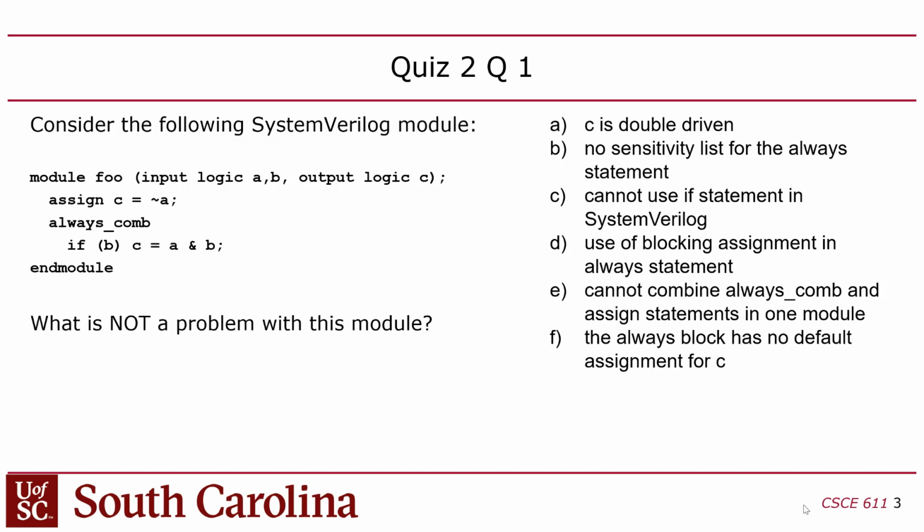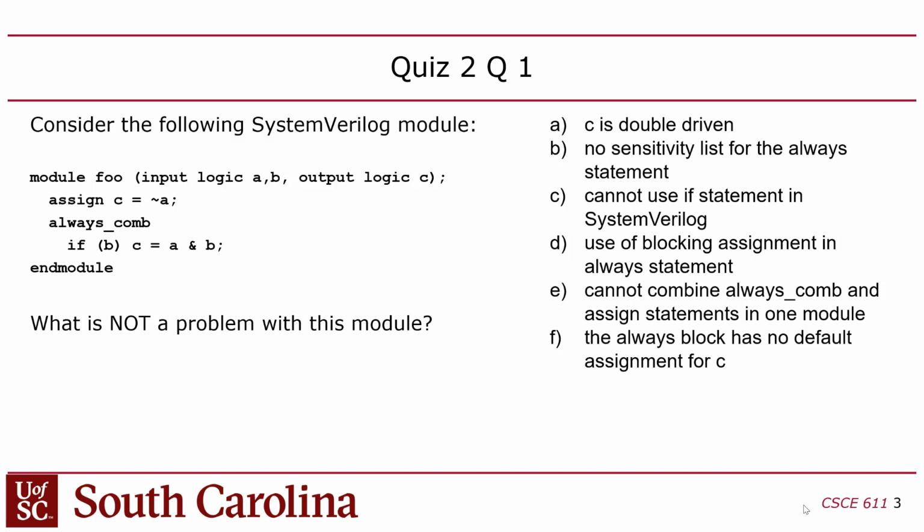Actually, this is a bad question, so I gave everyone credit for it. But there's more than one correct answer. C is cannot use an if statement in SystemVerilog. That is true unless the if statement is in an always block, so that's also a correct answer.